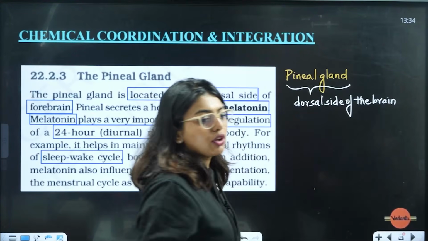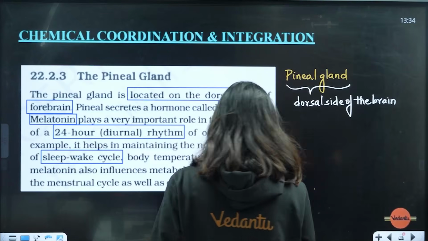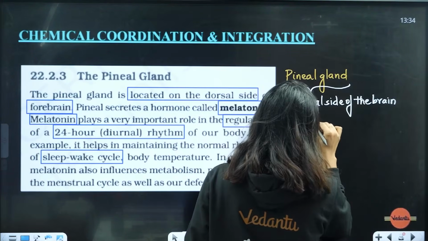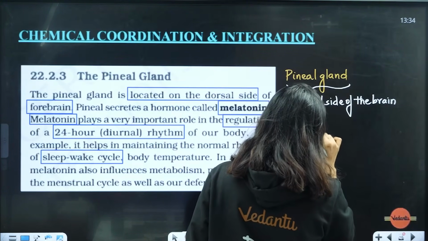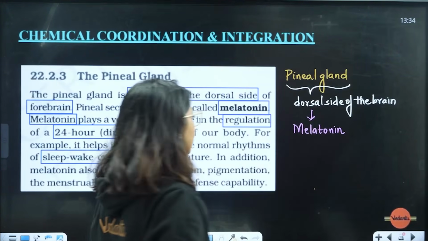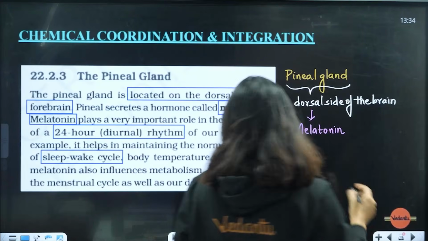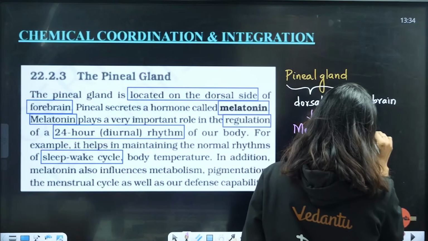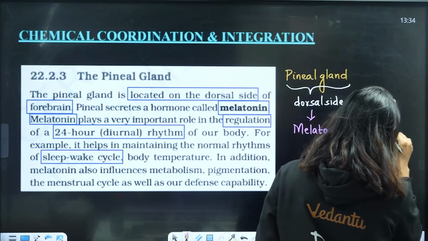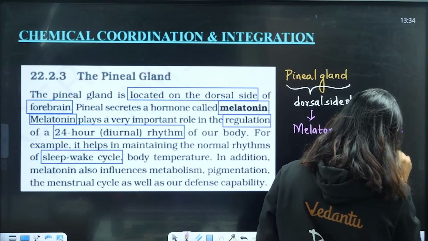It is at the base of the diencephalon, on the dorsal side of the brain. The pineal gland mainly releases melatonin, and melatonin will regulate the sleep and wake up cycle. That is your 24 hour rhythm cycle, students.